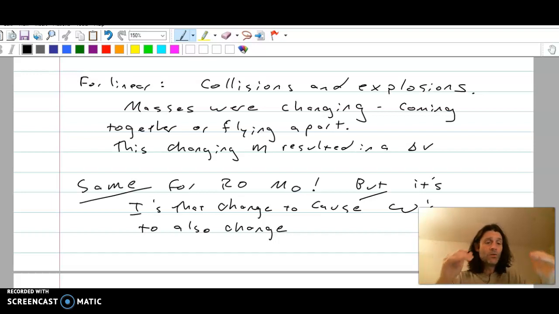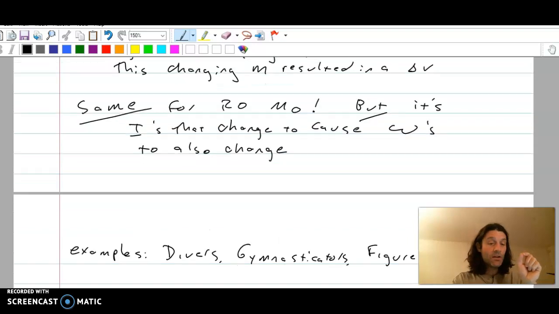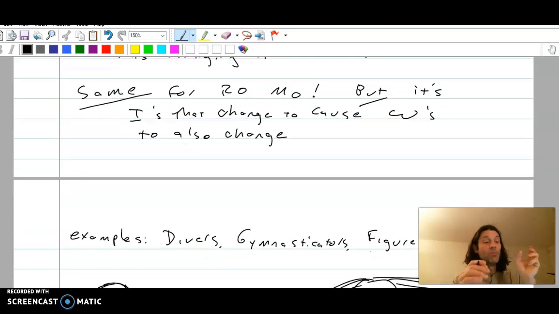So usually with linear quantities, in terms of collisions and explosions, some mass changes, which results in a change in velocity. But with rotational momentum, the same thing is true, but it is the I's that could change, which could result in changes in omega.